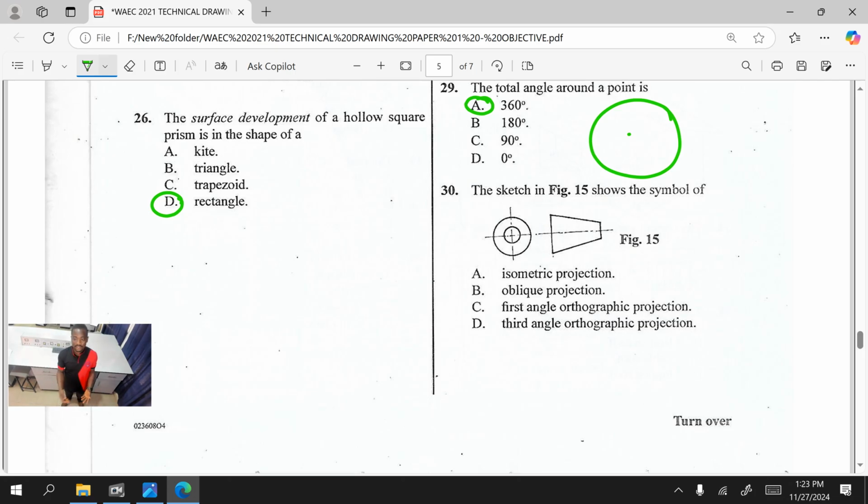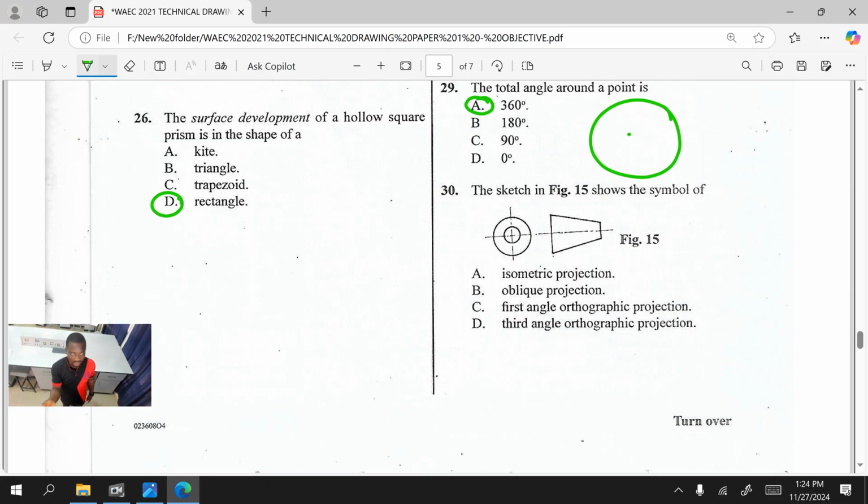Are you listening now? The symbol is that of a trapezium and a concentric circle. What is a concentric circle? In case you don't know, it is two or more circles having the same center. Those are the circles you are looking at. Then a trapezium follows it.